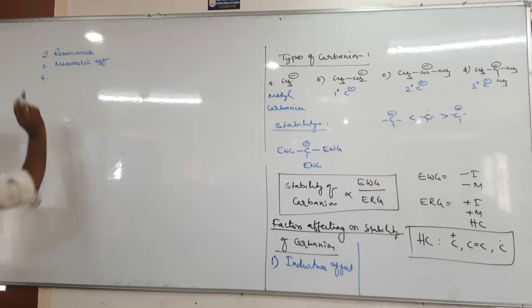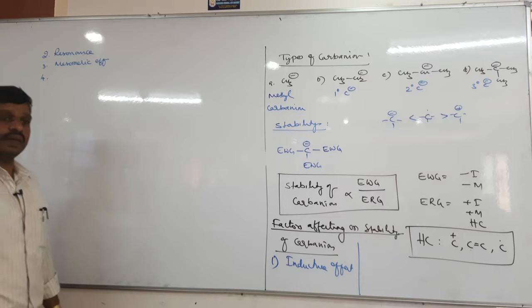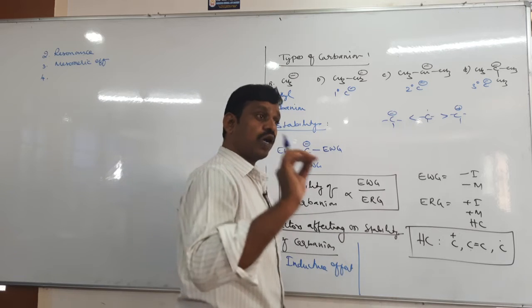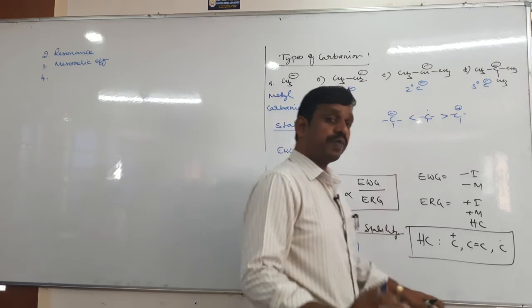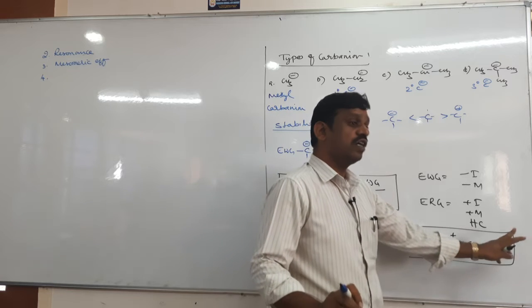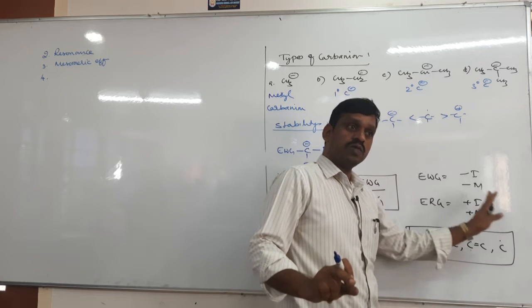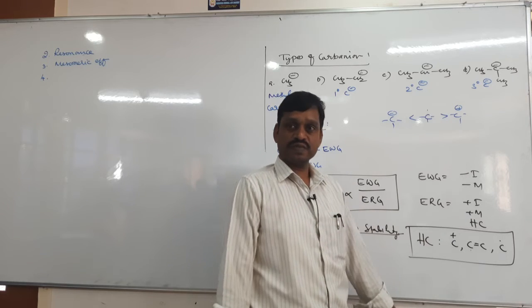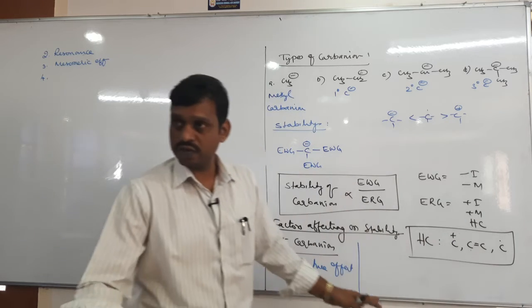Four, there we studied hyperconjugation, but here hyperconjugation does not come. Why? Can a carbanion undergo hyperconjugation? No. Hyperconjugation is possible only in the case of carbocation, alkene and free radical. Why it is possible in these cases, we will study in the next topic, electronic effects, where we will study it individually and separately.